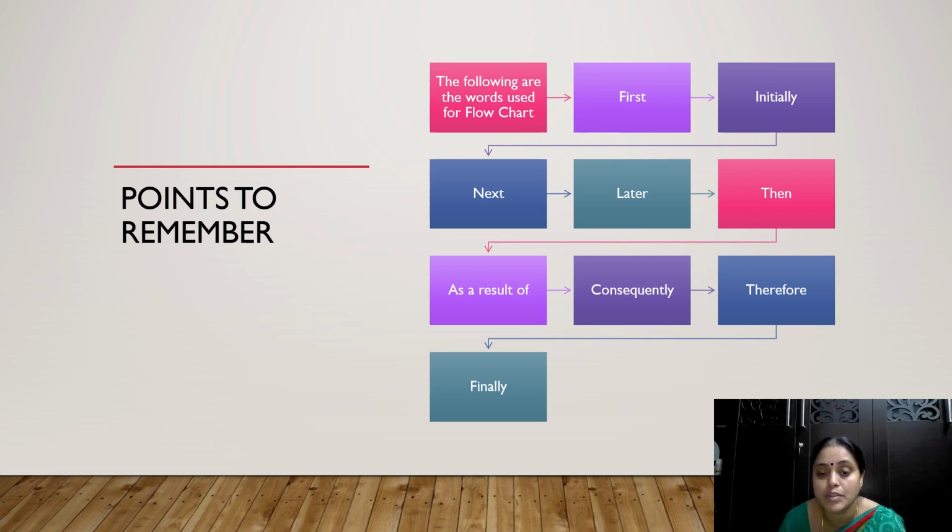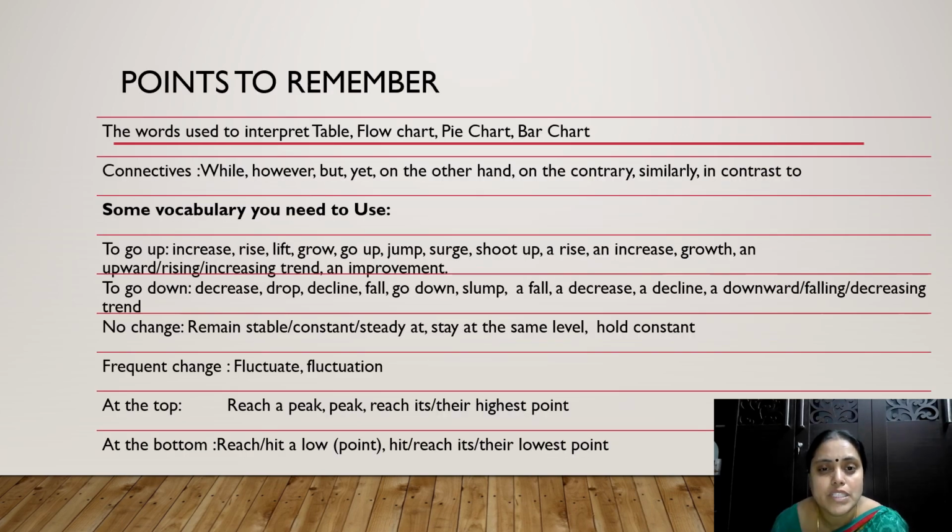These are all connectors that can improve your interpretation and your standard of writing as a paragraph. There are a lot of differences in the words and connectors used to interpret the various charts. I have highlighted a few connectives that can be used to interpret the flow chart.